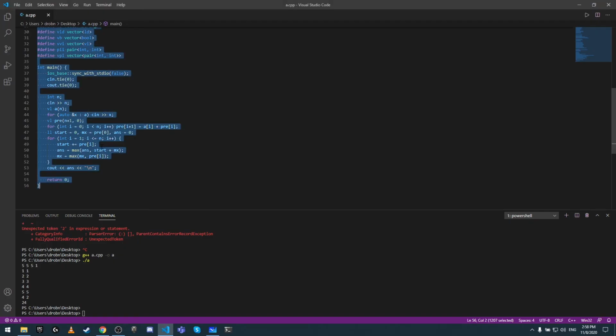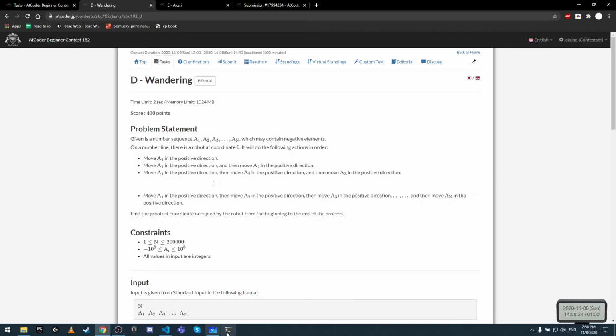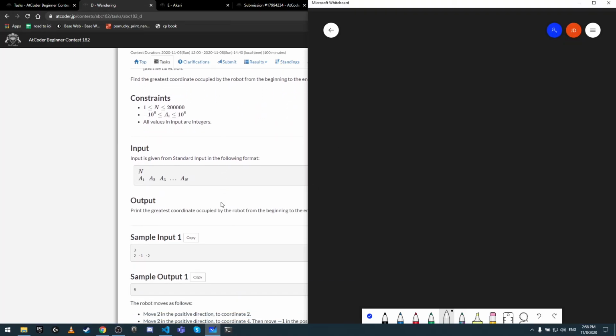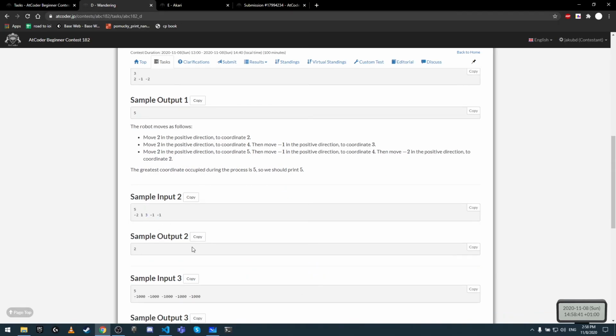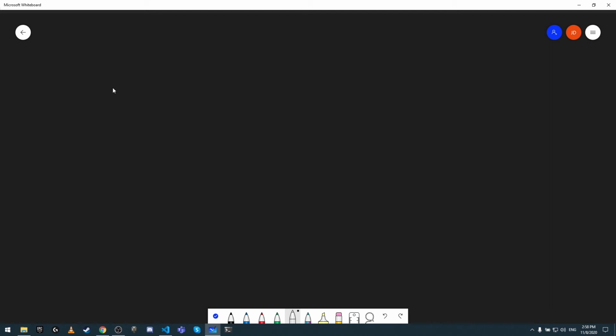So basically, what was this about? You have some sequence of positive integers, and you start at coordinate 0, and now you have moves 2, 1, 3, minus 1, and minus 1.